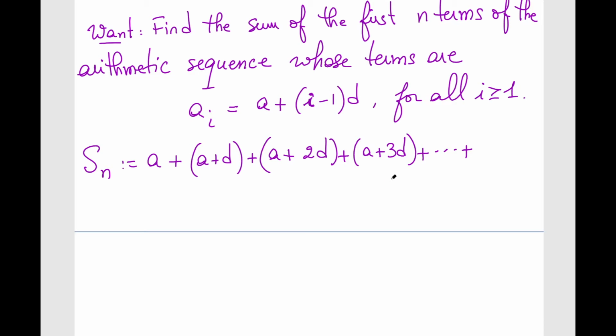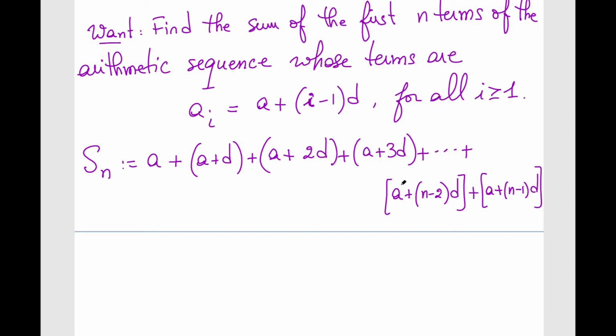If the last one is an, the previous one is going to have n minus 2, correct? So that's a plus (n minus 2)d, and now the last one is a plus (n minus 1)d. Make sense? So that's the (n minus 1)th term, and that's the nth term.